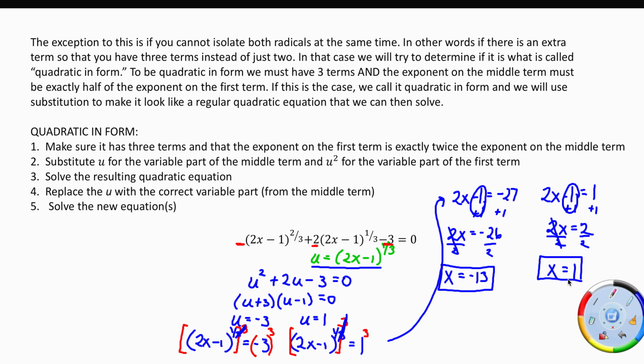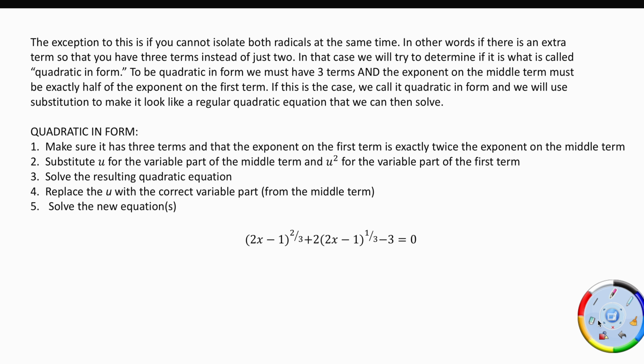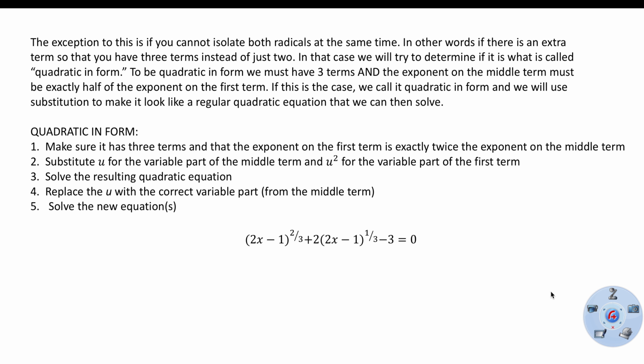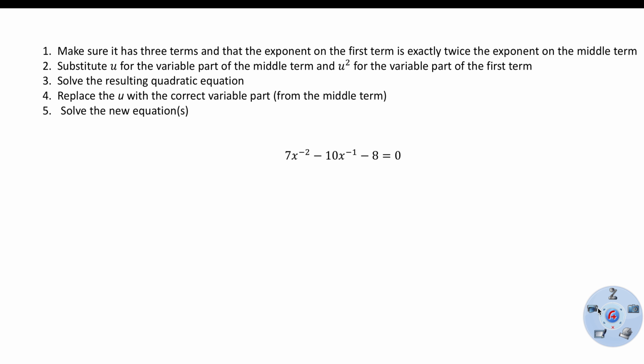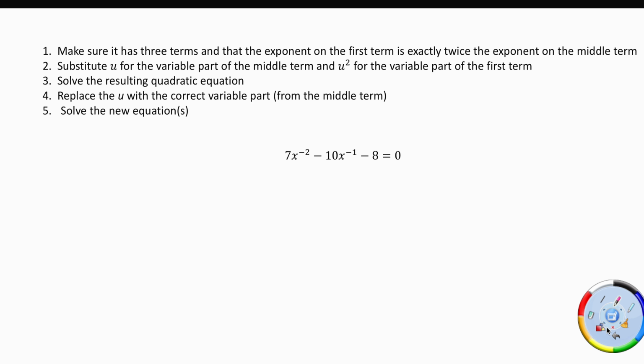Quadratic in form. And that'll work with any equation that can be deemed to be quadratic in form. The two things that determine whether it's quadratic in form: it has to be 3 terms, and if I double this exponent, or multiply it by 2, however you want to think about it, and it's sitting right there, then it's quadratic in form.